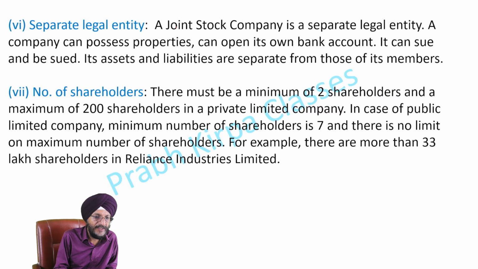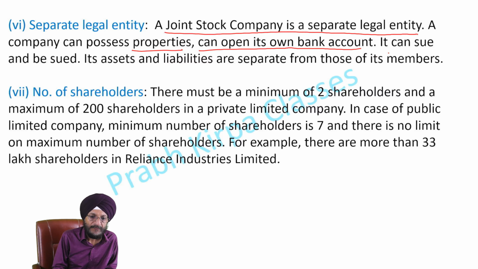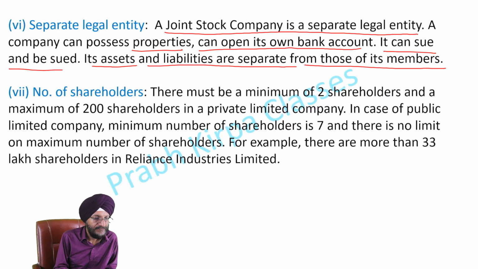Separate legal entity. A joint stock company is a separate legal entity. A company can possess properties, it can open its own bank account, it can sue and be sued. Its assets and liabilities are separate from those of its members. Number of shareholders.